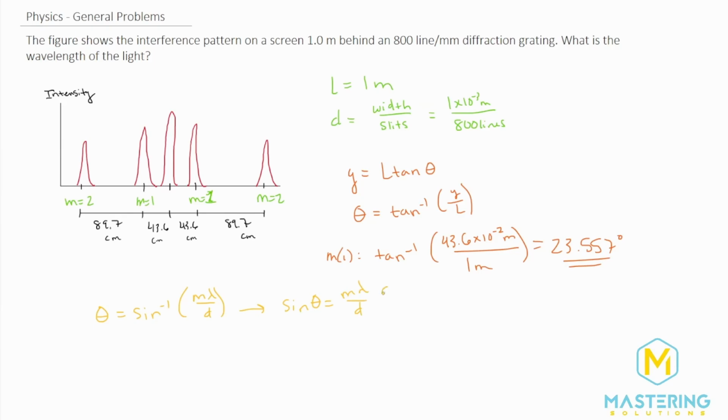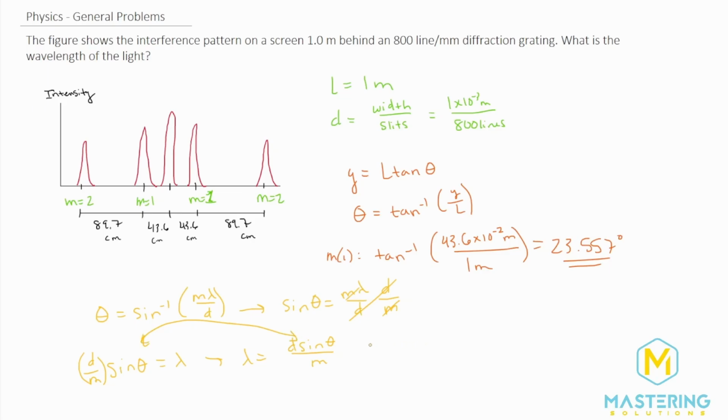Now we'll multiply both sides by d and divide by m. Those cancel, those cancel. So we have d over m times sine of theta is equal to lambda. You could also rewrite this as lambda equals d sine theta over m. These two are both saying the same thing.